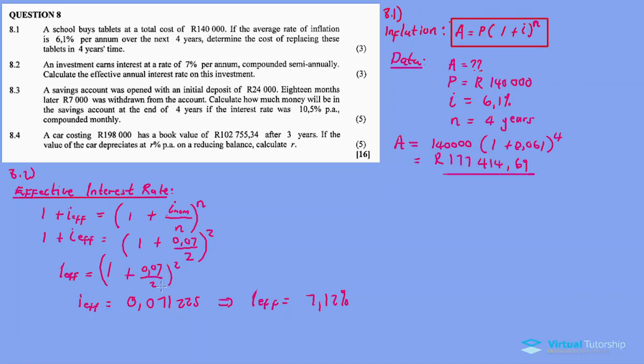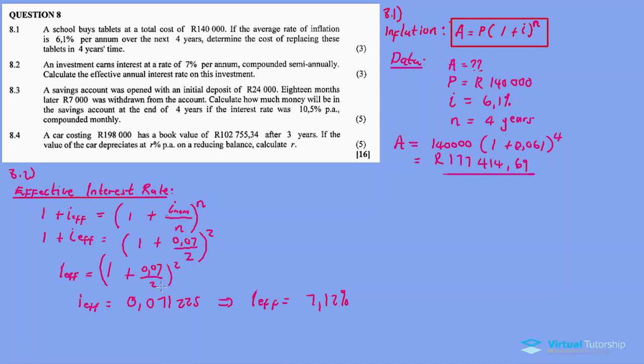So a deposit of money, then 18 months later, maybe I want to open a business or something, and I decide it's better to take out 7,000 rand just to inject a little bit of cash into that business, or maybe in an emergency, so I need cash quickly, and I go and withdraw the 7,000 rand from my savings account. And then they say calculate how much money will be in the savings account at the end of 4 years if the interest was 10.5% per annum compounded monthly.